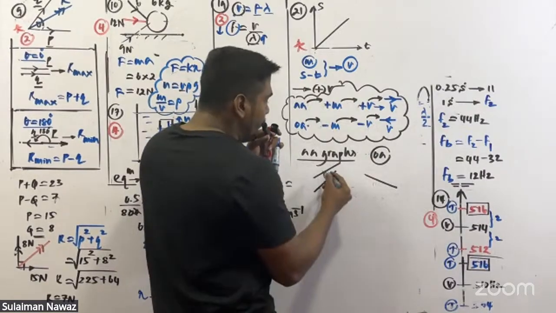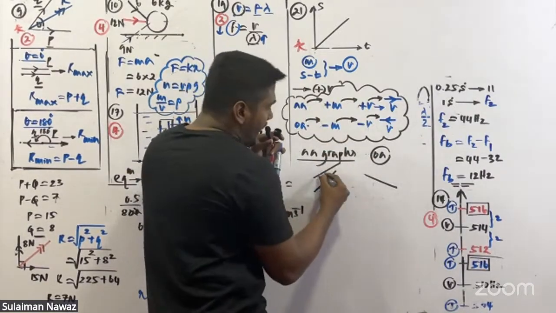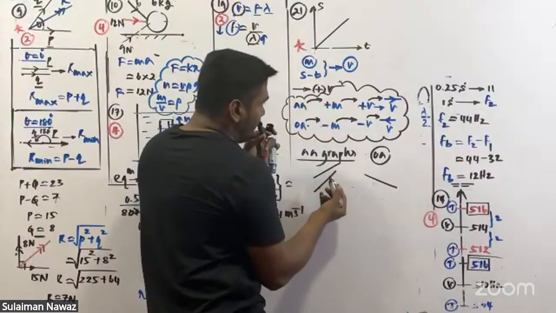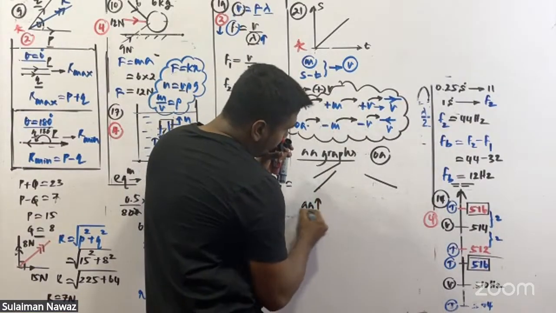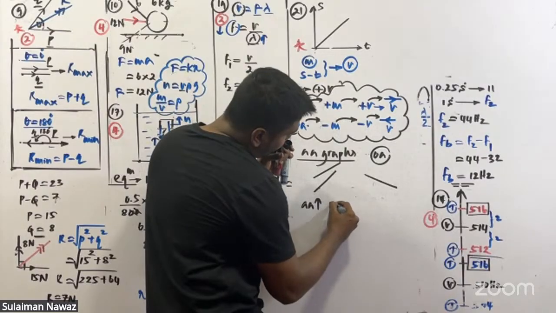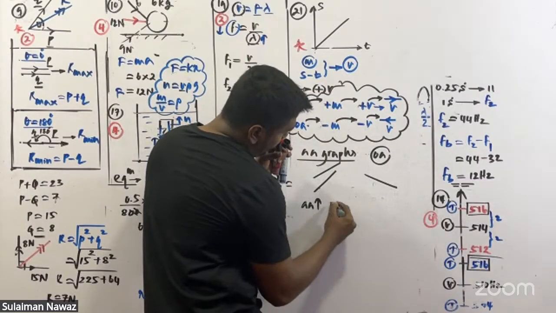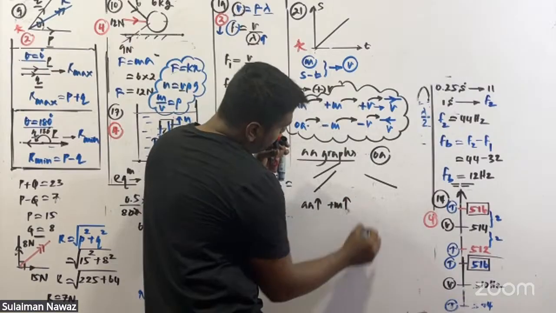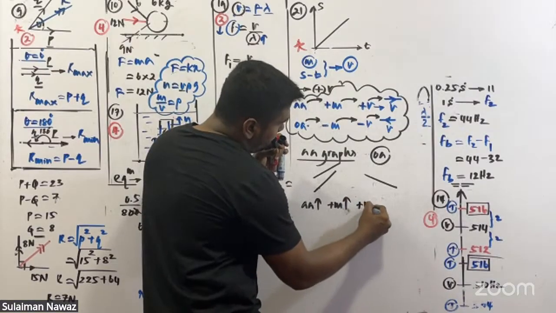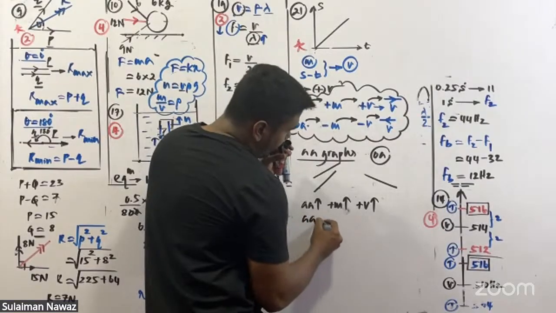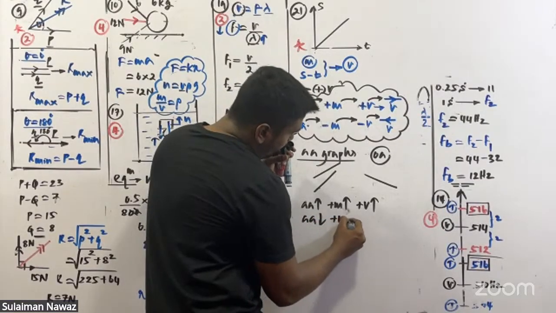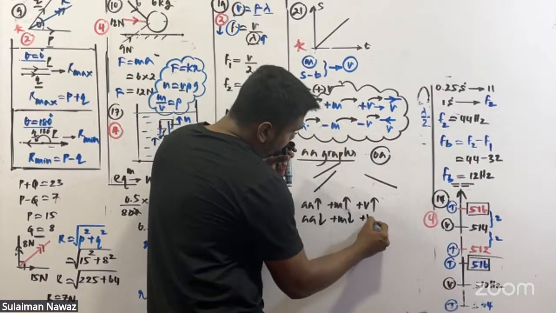Also you know, the larger the acute angle, the larger the gradient, and the larger the gradient, the larger the velocity. Remember, the smaller the acute angle, the smaller the gradient, the smaller the velocity.